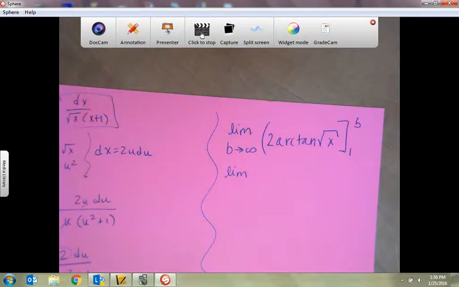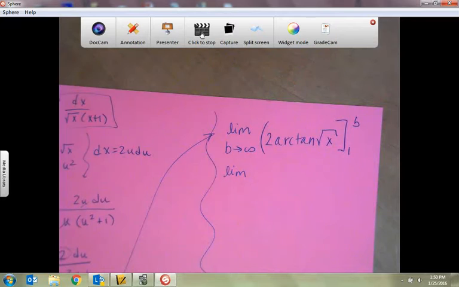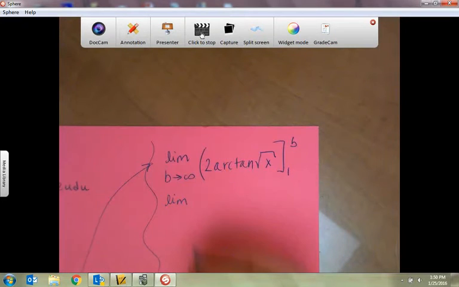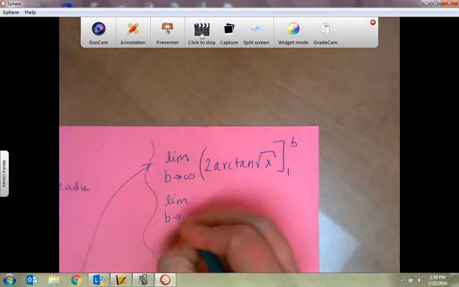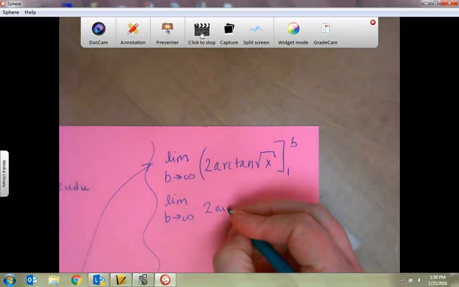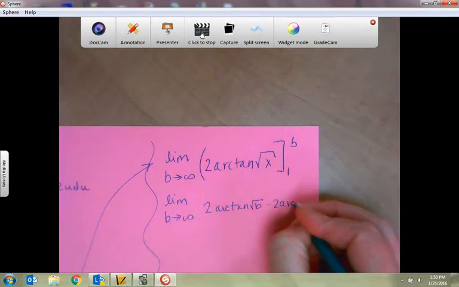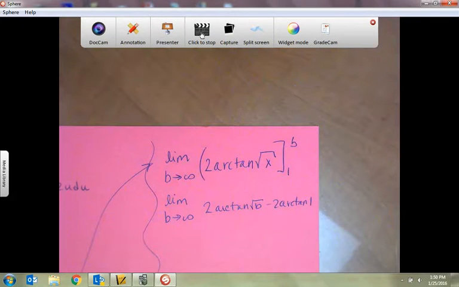Thank you. So as arctan goes to infinity, we are approaching pi over 2. So I have 2 times pi over 2 minus pi over 4 for this side, which becomes pi minus pi over 2.